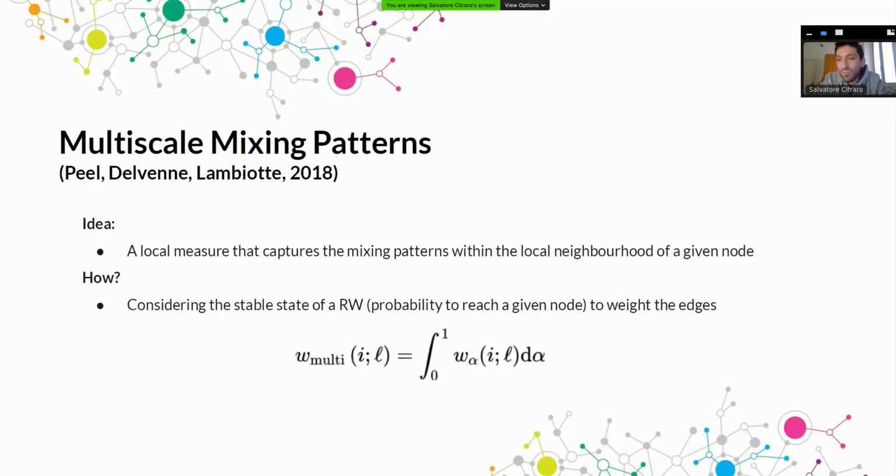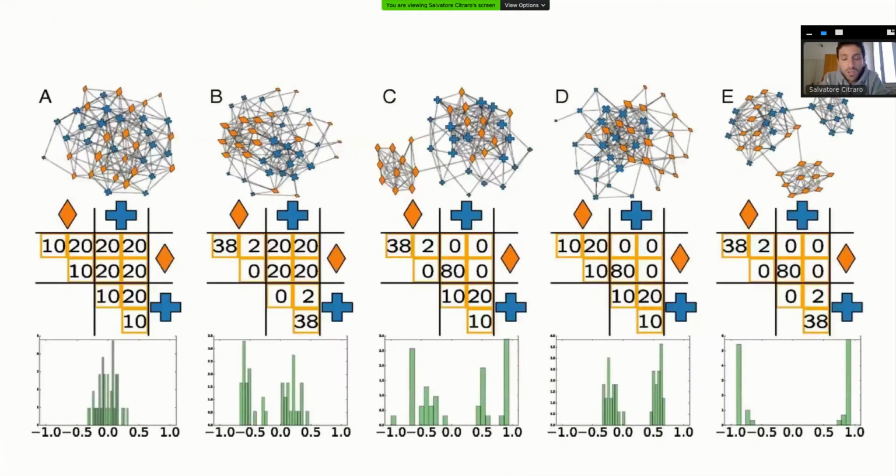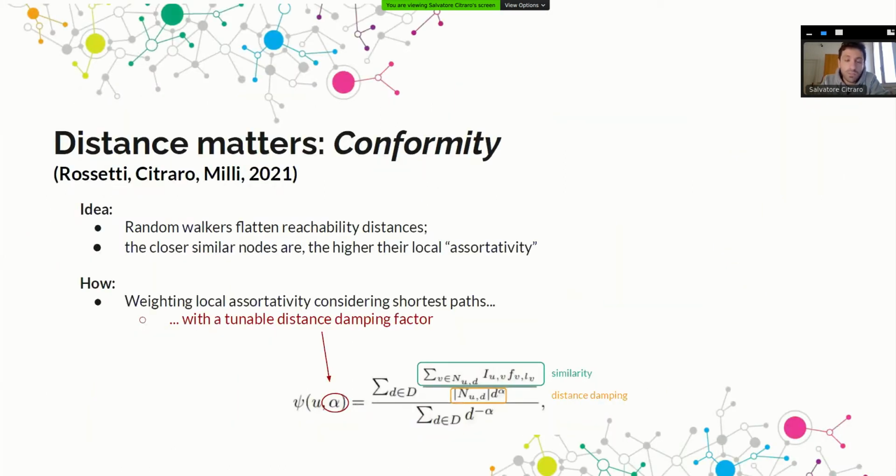and it is a complex measure, but it works because we can study the distribution of the homophily behavior of an attribute. But one of the limitations of this local variant is that it doesn't consider the effective distances between nodes.